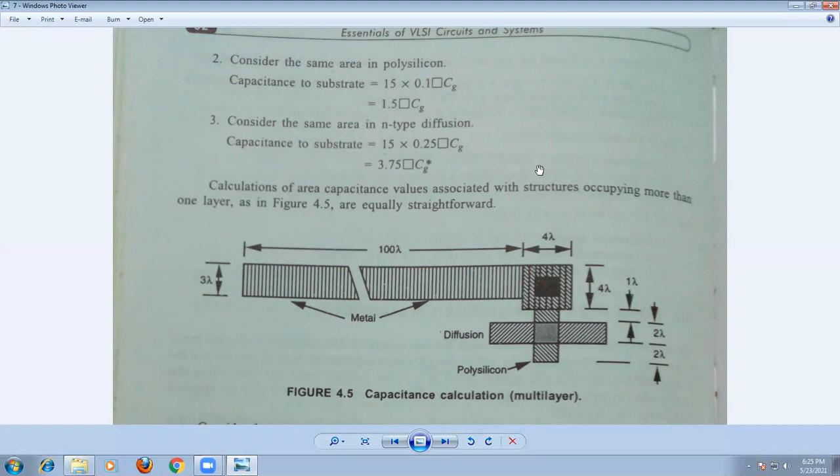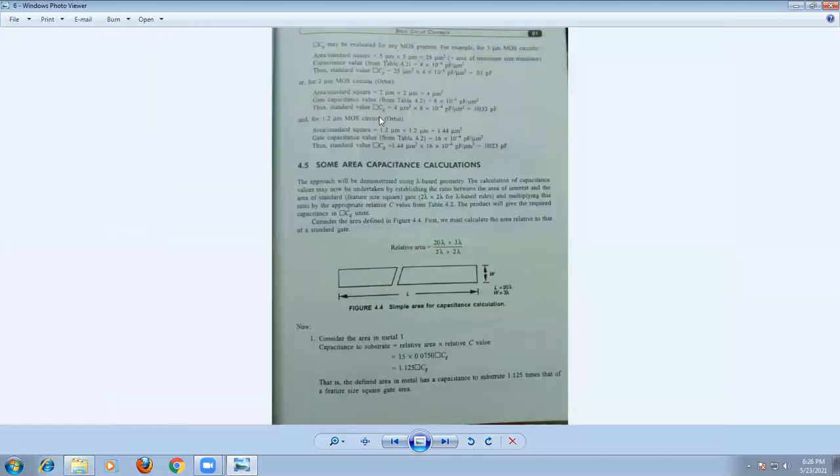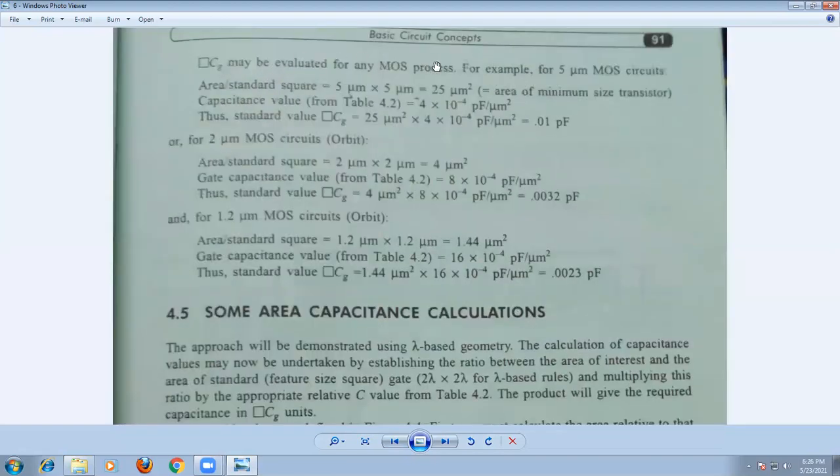Now, how to calculate the value in farads? Just multiply, because we are using 5 micrometer technology here. In 5 micrometer technology, 1 square Cg, the standard unit of capacitance, is equal to 0.01 picofarad.